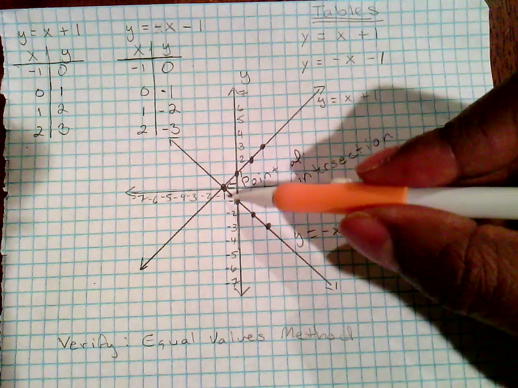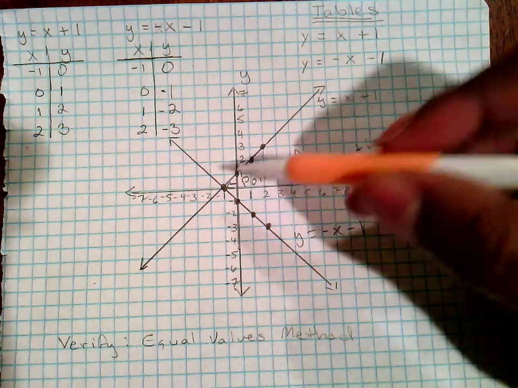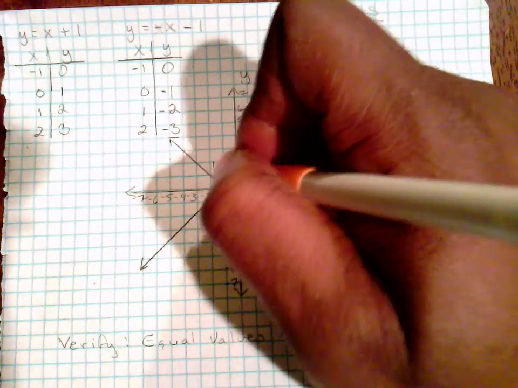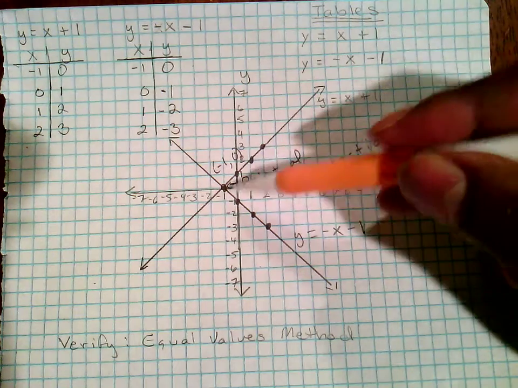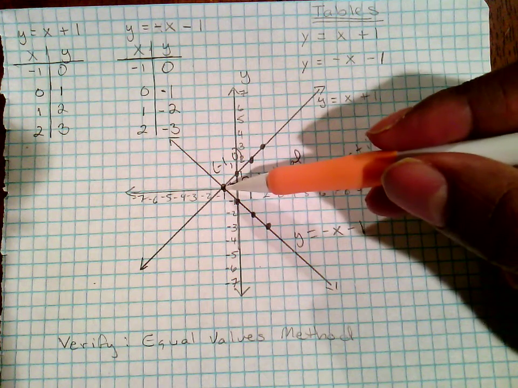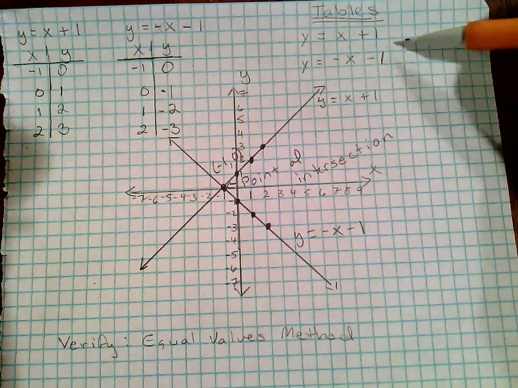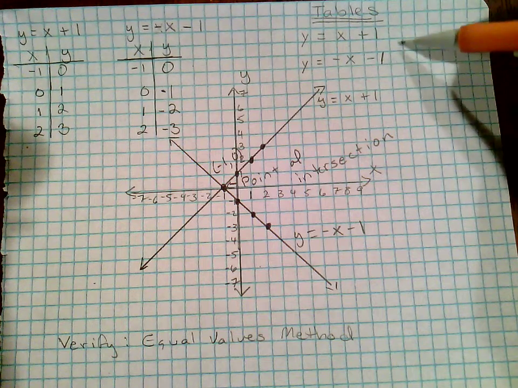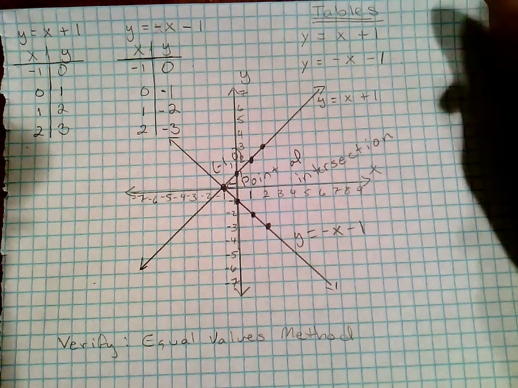And here it looks like our point of intersection is at negative 1, 0. So negative 1, 0 is the point that these two lines have in common. So this must be the solution to this system, y equals x plus 1 and y equals negative x minus 1. Now let's verify our solution here using the equal values method.